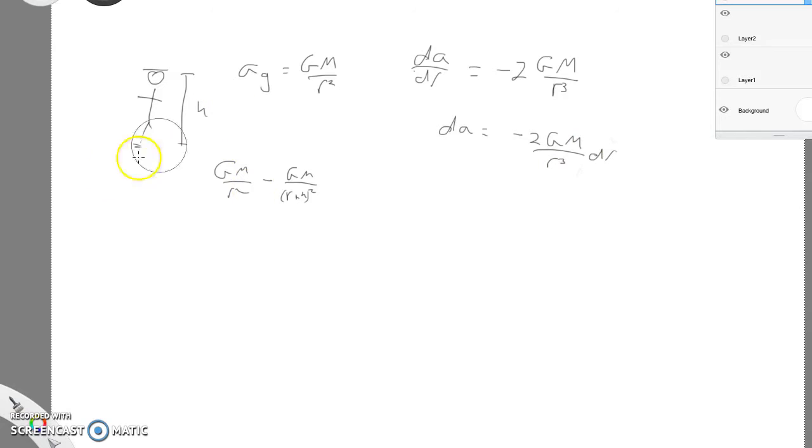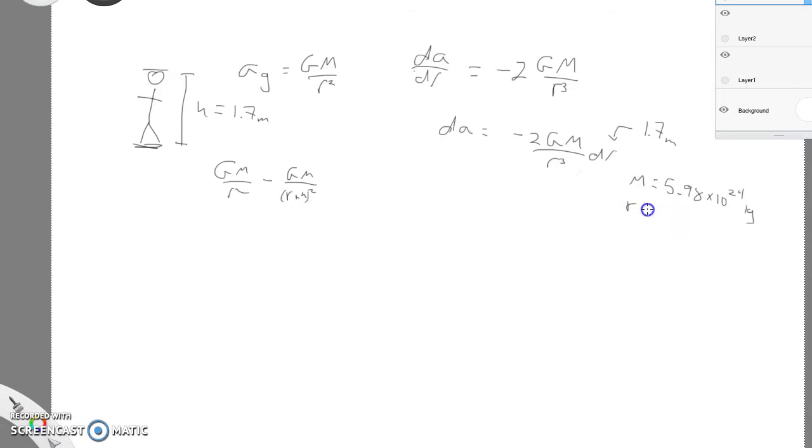So let's say that somebody has a height of 1.7 meters, then we would use this for dr. The mass of the Earth is 5.98 times 10 to the 24th kilograms.